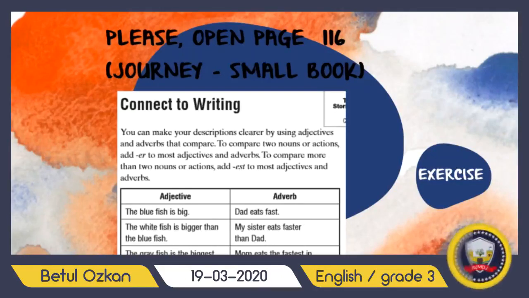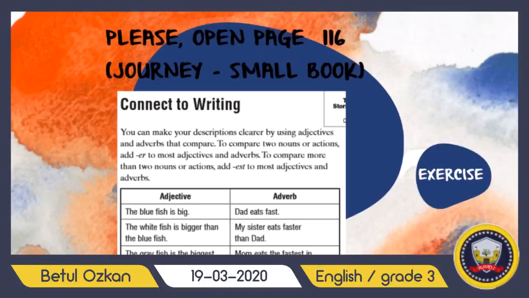I compare my mom with the other family members. So in this situation, I compare more than 2 people. I need to add est. Don't forget to put the here, because this is the superlative actually. So in the superlative, if I put est, in the beginning it should be the.